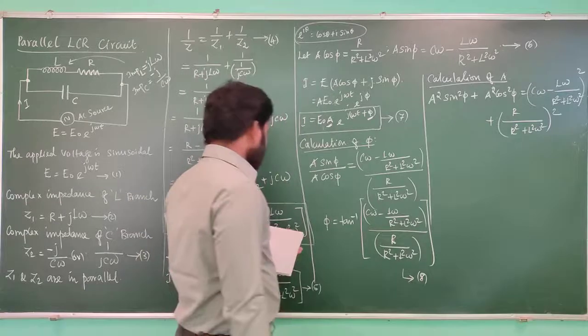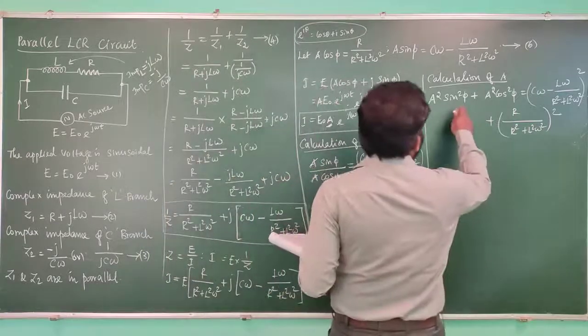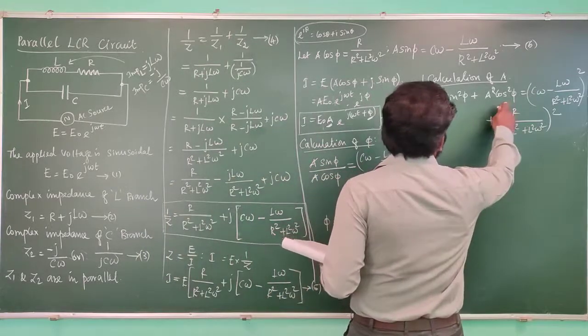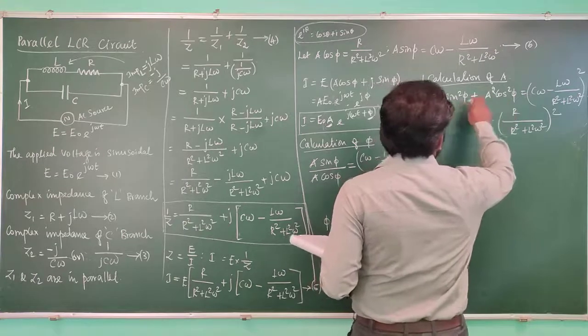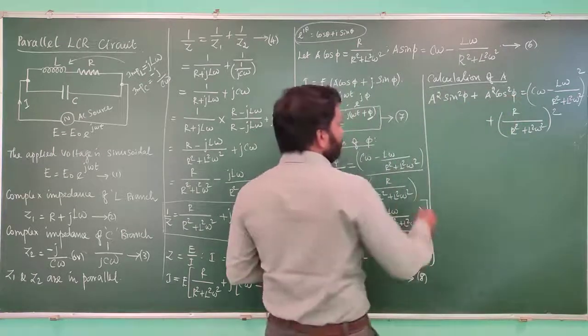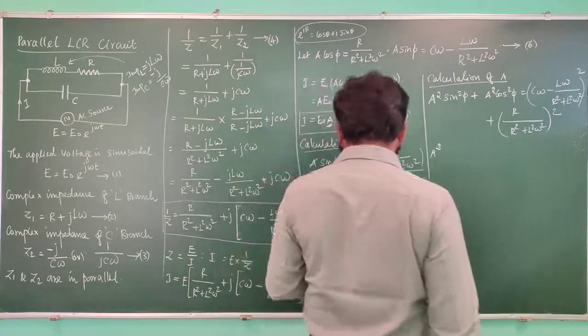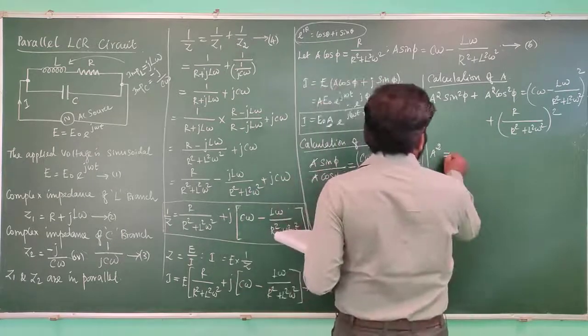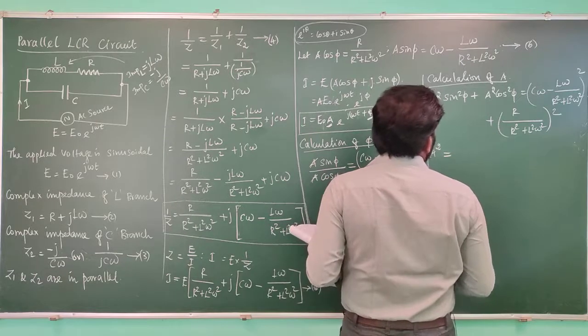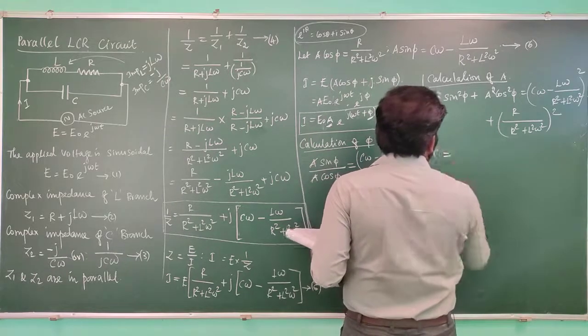Okay. What will happen? Sin square phi plus cos square phi equals 1. So the left hand side becomes a square. Right hand side: if you want a, you have to take the square root.